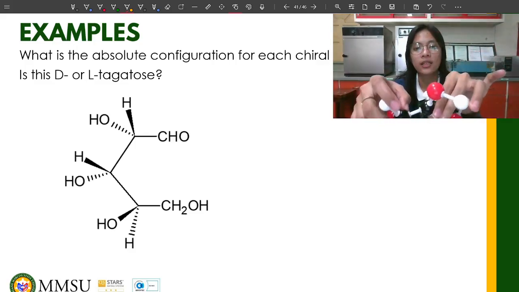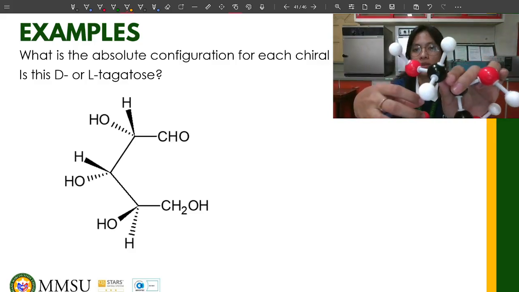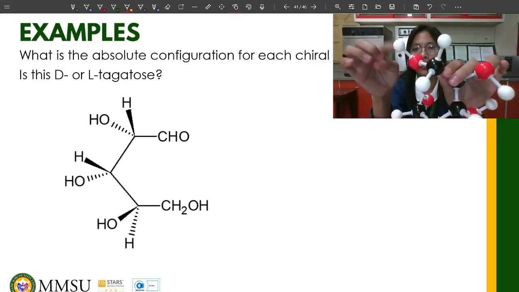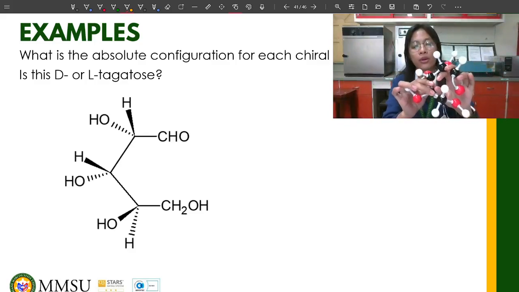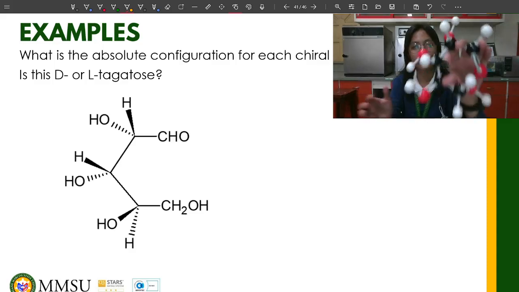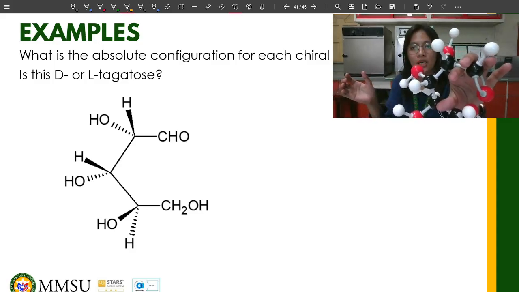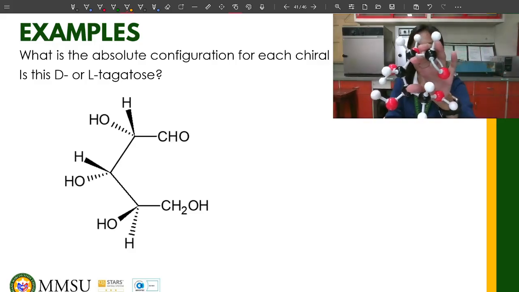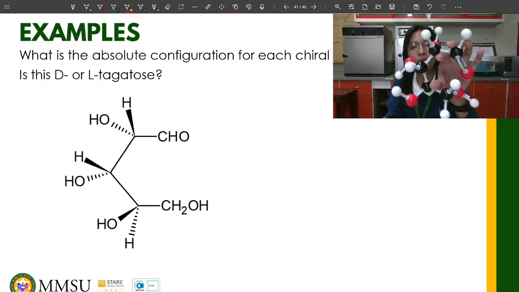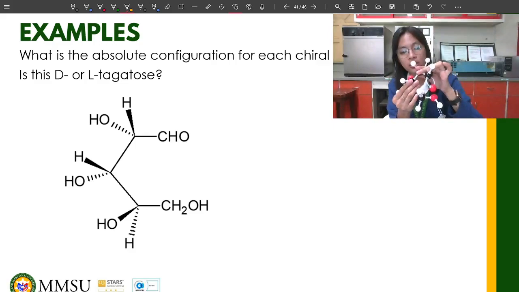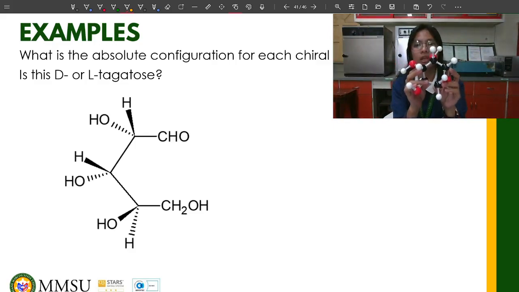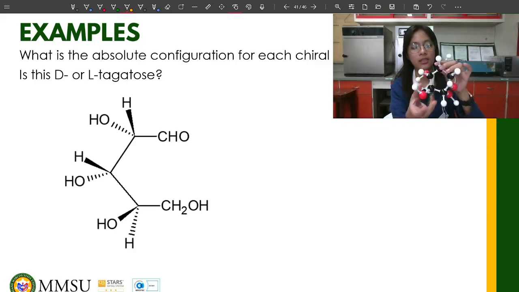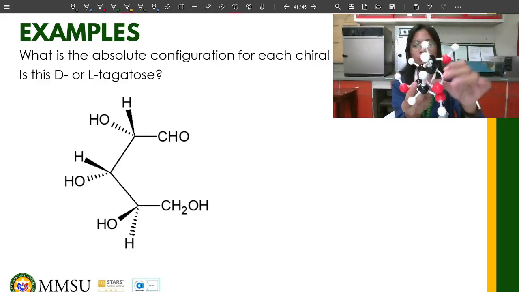And then, the last is the CH2OH. So, this is the atomic model for that tagatose. The problem here is that we need to stretch it. But before we stretch it, since it is sideways at first, we need to face it toward us. So, what we can possibly do is, this is the double bond O.